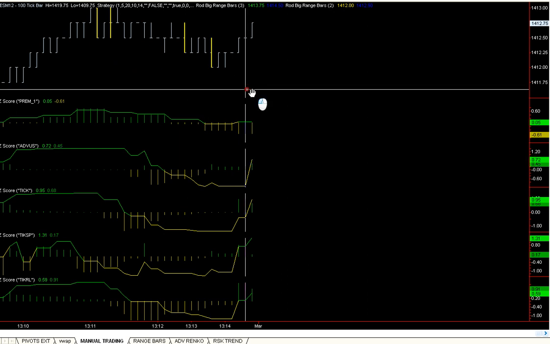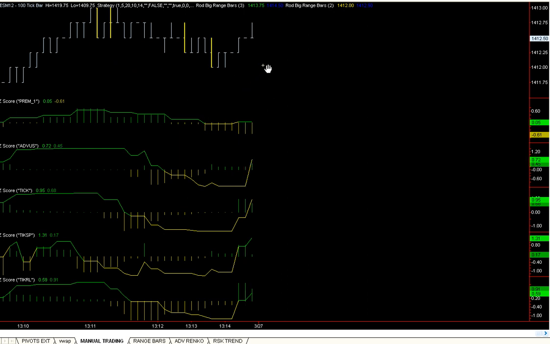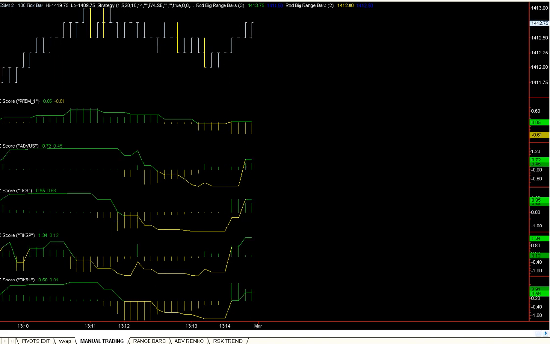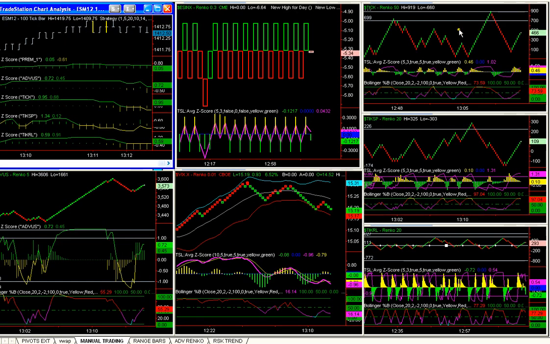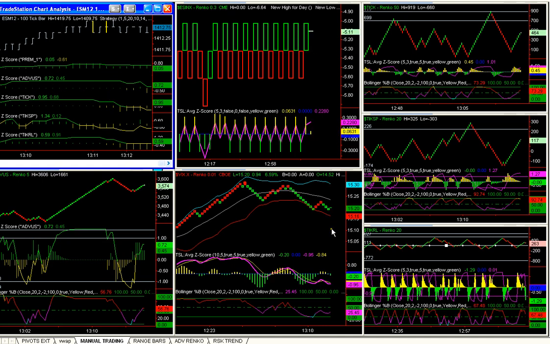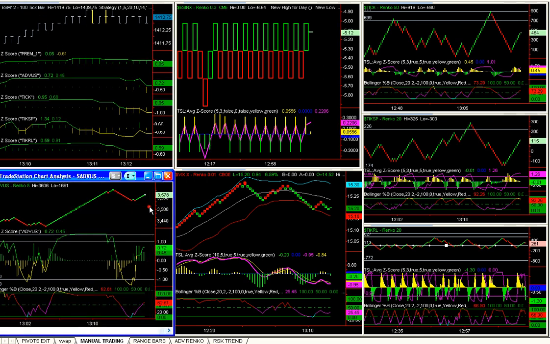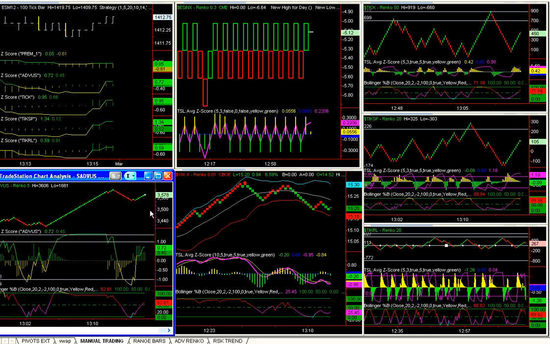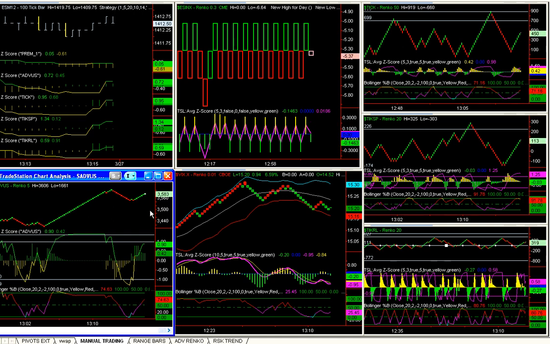And now it's above the 0 line again, and we're back up to moving up. So it looks like we've got a little bit more room to move up before this thing is going to start coming right back down.